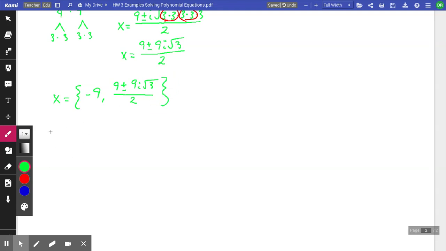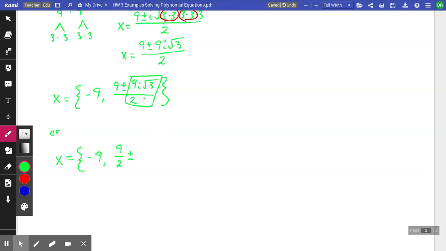Now, you might also see this where these two parts are written separately. So you might see something more like this, where you have -9, and then we split this fraction into two parts. We write it as 9 over 2, and then plus or minus. Different ways we can do this next part, but we're essentially just going to take this second part of the fraction and write it as well.